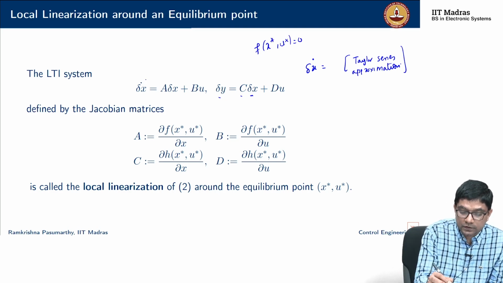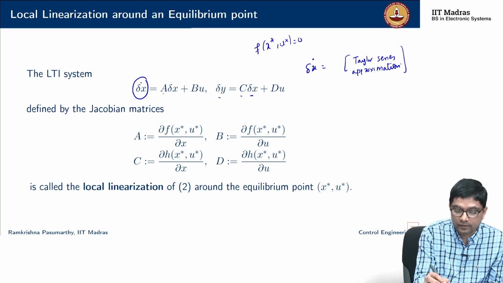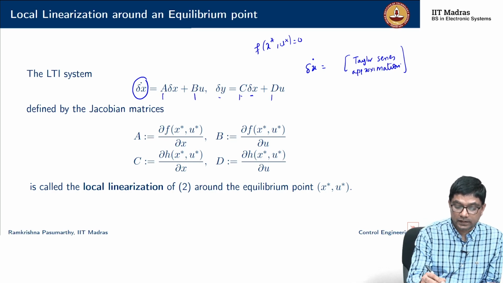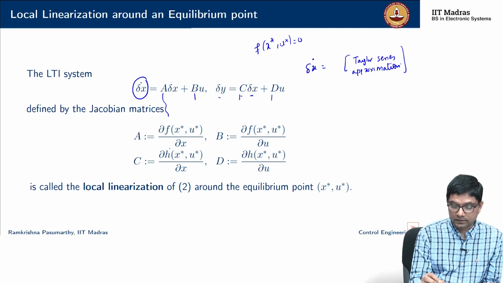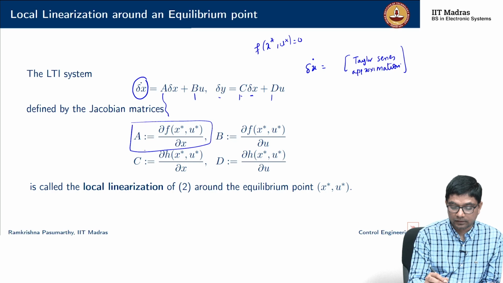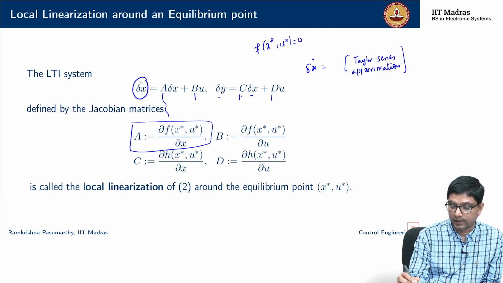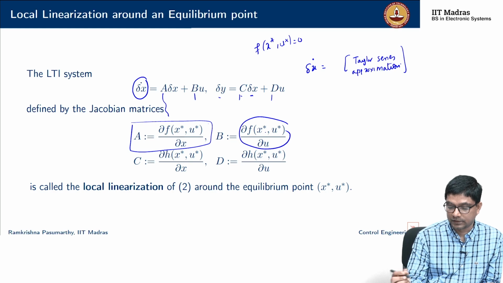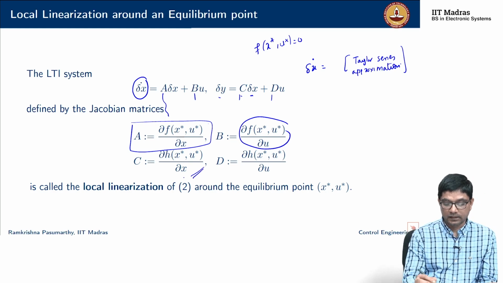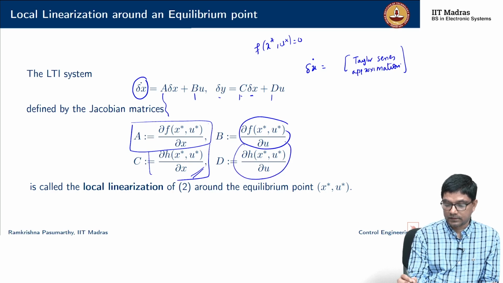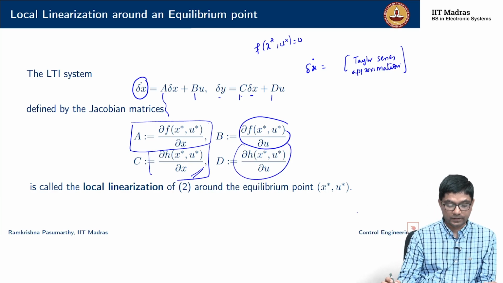Now for small variations around the equilibrium point delta x, I have a linear system A, B, C and D. These are familiar. Where do this A and B come from? A is the Jacobian matrix of f with respect to x, B is the Jacobian matrix of f with respect to u, and similarly C comes as the Jacobian of h with respect to x, D comes as the Jacobian of h with respect to u.